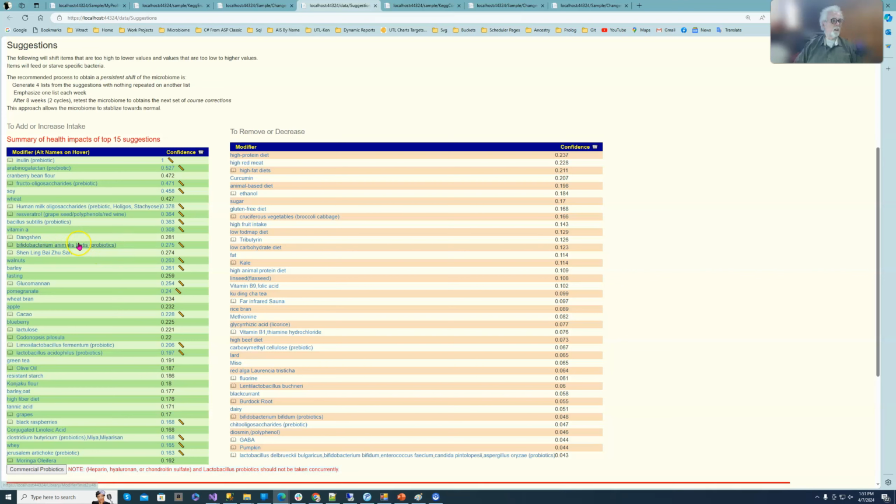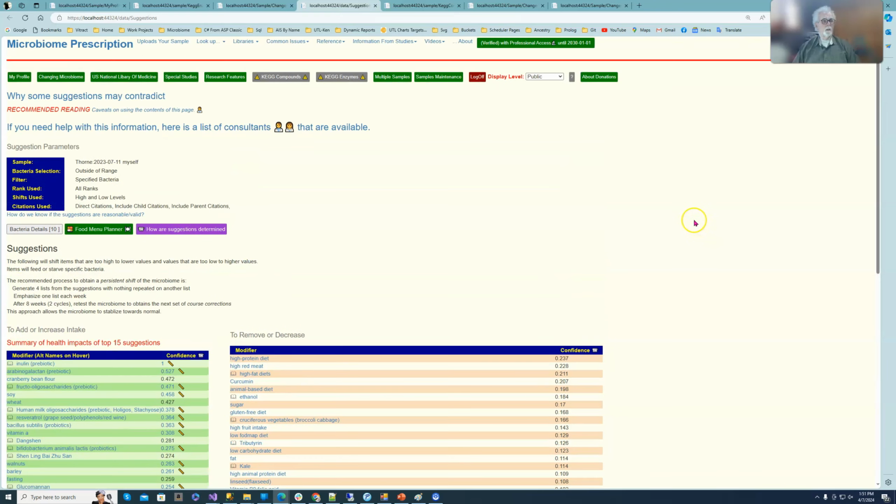Bifidobacterium lactis should be there. Barley often is a proxy for beta glucan, so we have that there, etc. So we have a whole variety of things which should potentially help more than hurt in all probability.